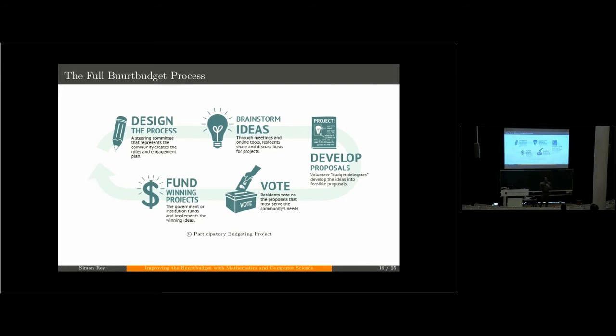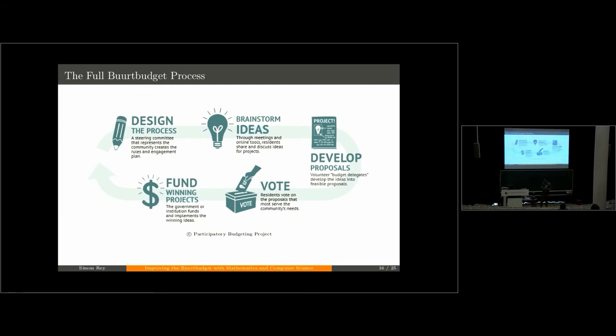If you look at standard participatory budgeting processes, it goes as written on this slide. The citizens think of some proposals, develop an actual project together with the municipality, and then vote on which of these projects have to be selected.